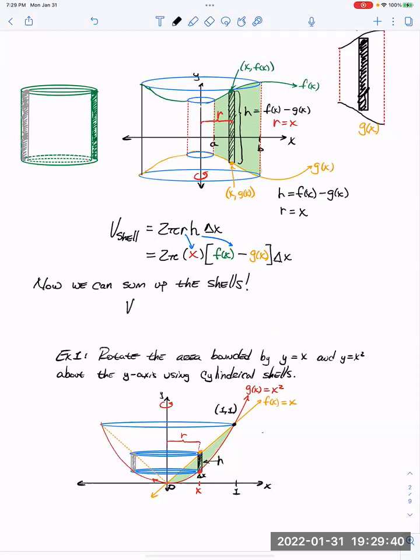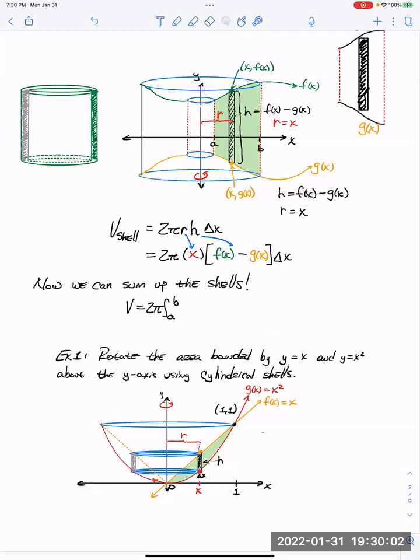The volume is equal to the integral from a to b, but that 2 pi is a constant, so I can bring it out in front. This is the formula you're going to see in your book. It's going to say, let's sum up these shells. So 2 pi is a constant, we bring it out in front, and then we integrate over the region a to b.